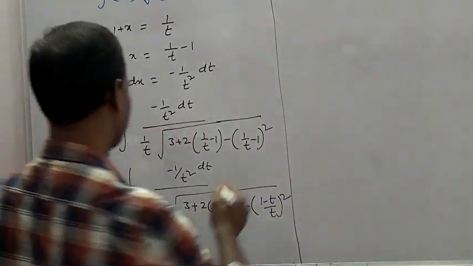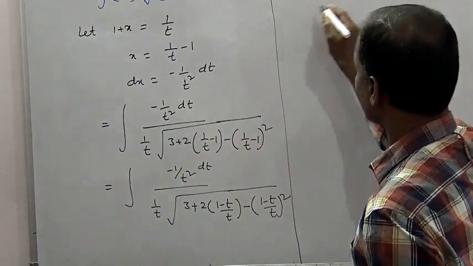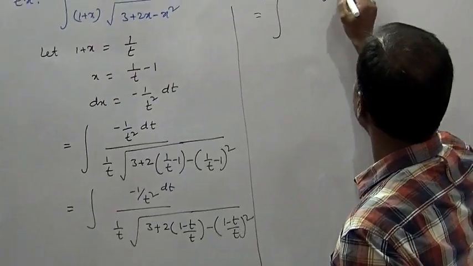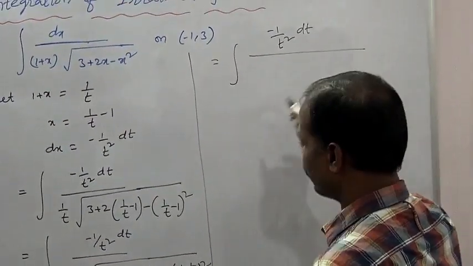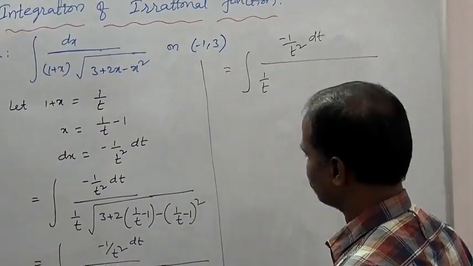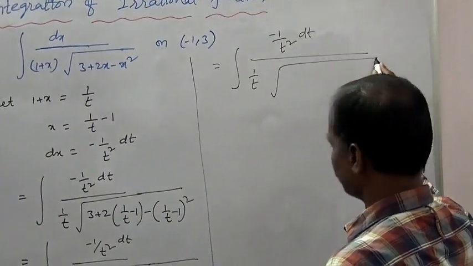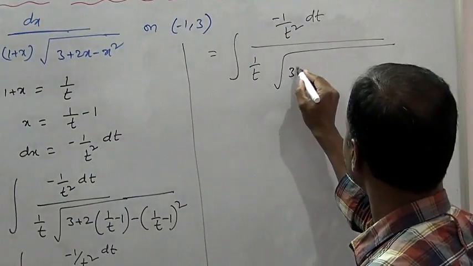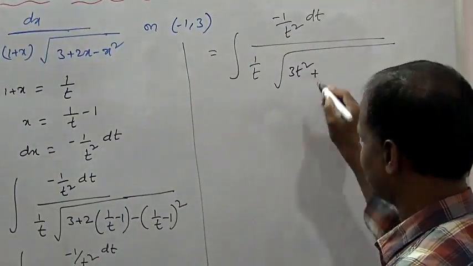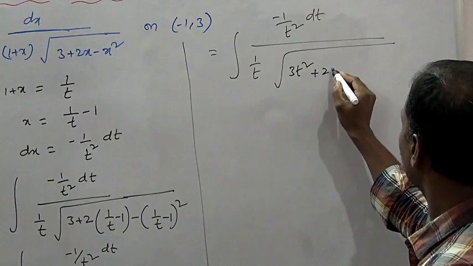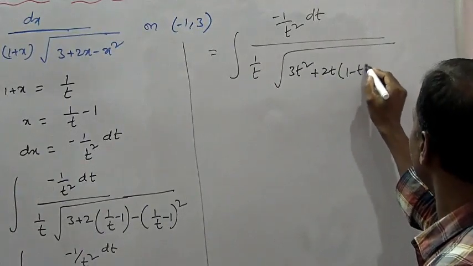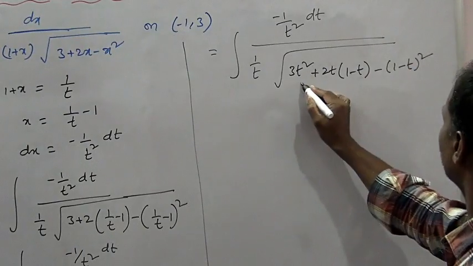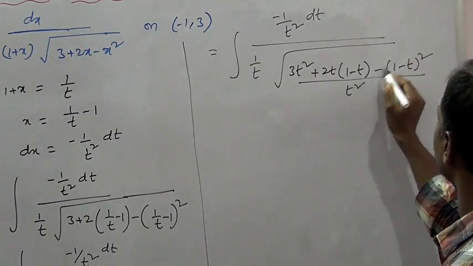Now this is equal to integral minus 1 by t square dt whole by 1 by t square root of, here what is the LCM? t square is the LCM. So 3t square plus 2t into 1 minus t, minus 1 minus t whole square, whole by t square.